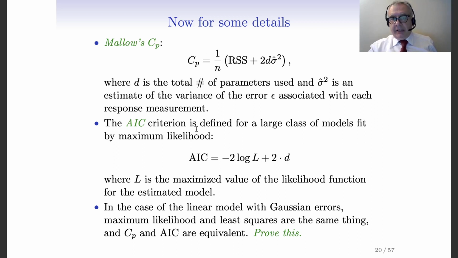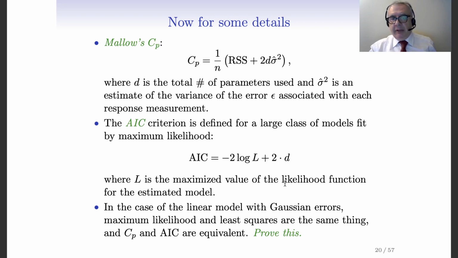The AIC criterion, on the other hand, is defined based on the maximum likelihood. So you consider the maximized value of the likelihood, which is called capital L, and then this is minus 2 the logarithm of L plus twice d, where d is the total number of parameters. So this is associated with the estimation performed by likelihood maximization.